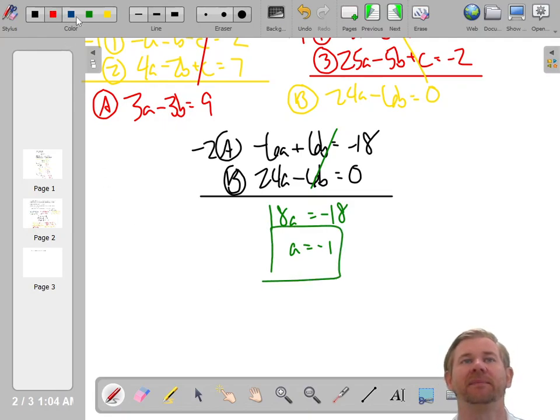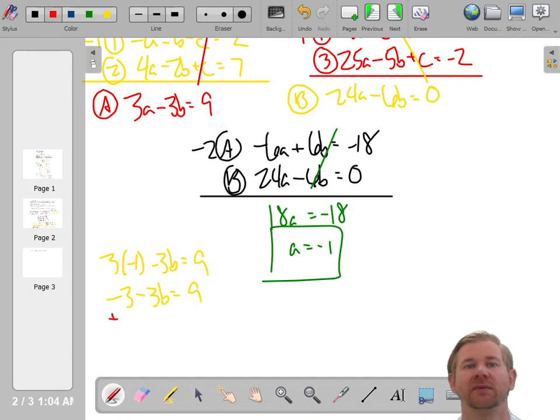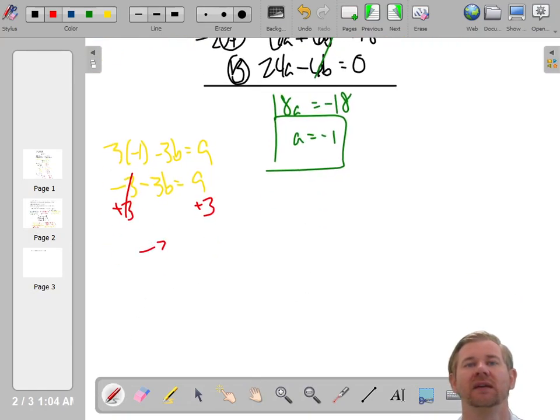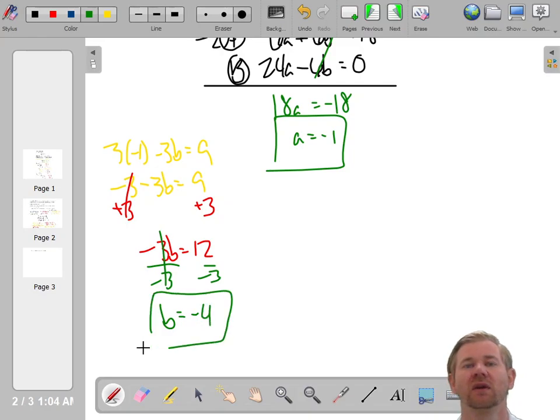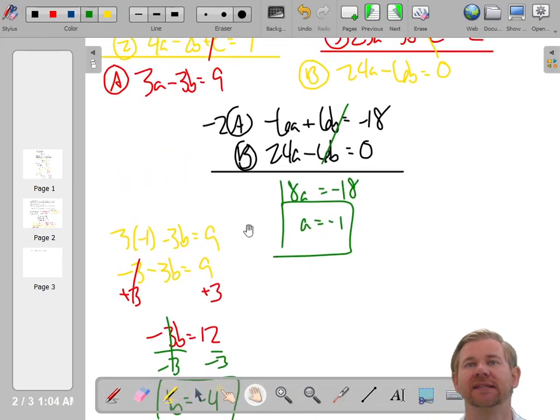Now, we'll go back up, and we'll say 3 times negative 1. So I'm plugging in right here. That's negative 3 minus 3b equals 9. Add 3 to both sides. Negative 3b equals 12. So when you divide both sides by negative 3, you get b equals negative 4. We're close. Now we just need to get c.